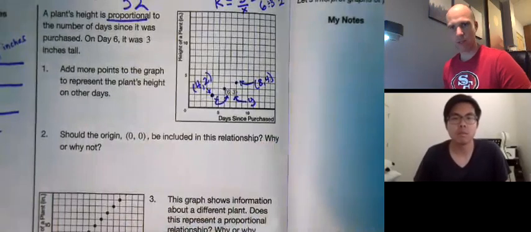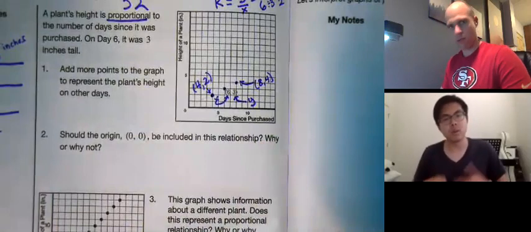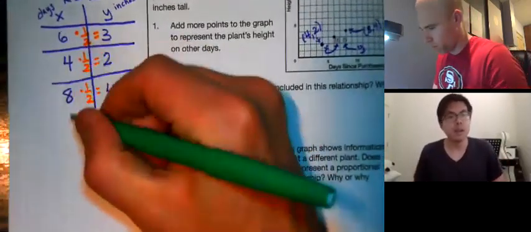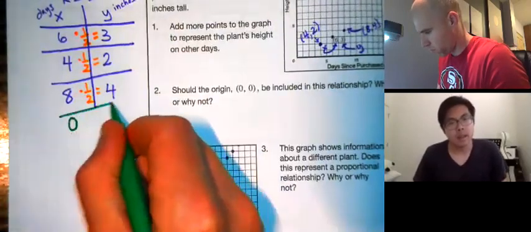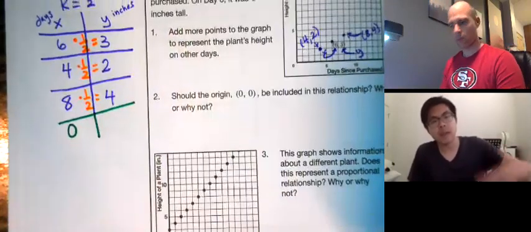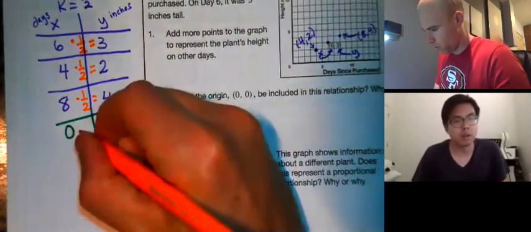What do you think, Mr. Wong? Well, I think a great way to discuss this would be to look at the table. Let's start with the x value being 0, because we could pick the number 0 and maybe using that we'll see why we may or may not need it. To keep this proportional, we have to multiply by the constant of proportionality. Ms. Thomas, you're doing a great job with those colors.